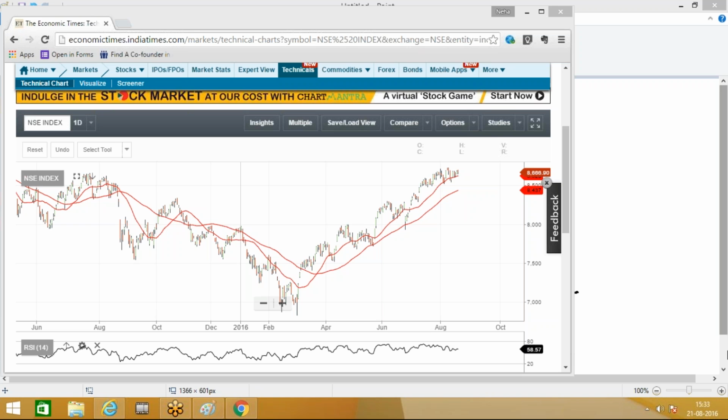Let's say the market has opened up close to 8700. Because it's a resistance level, should we immediately go short? Obviously the answer is no, because you have to wait for a few other signals, to see how the market is reacting to that level.